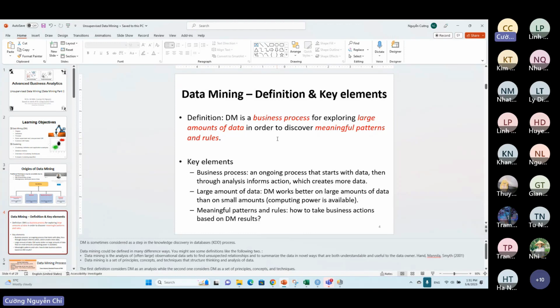That means the more data you give the data mining methods, the stronger they become and the more questions and patterns they can help you analyze. So using a large amount of data in this business process, you can discover meaningful patterns and rules from the data.